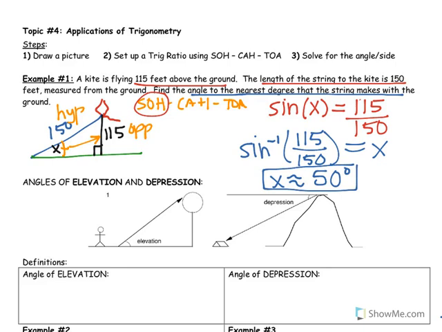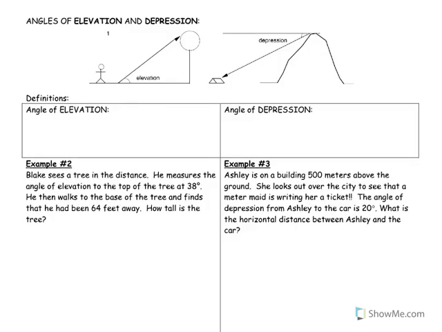Now there's two specific cases that we learn about. We have the angle of elevation and the angle of depression, okay? The angle of elevation is the angle from the ground looking up at an object, okay? The elevation is the ground looking up, and where your eyesight goes there.